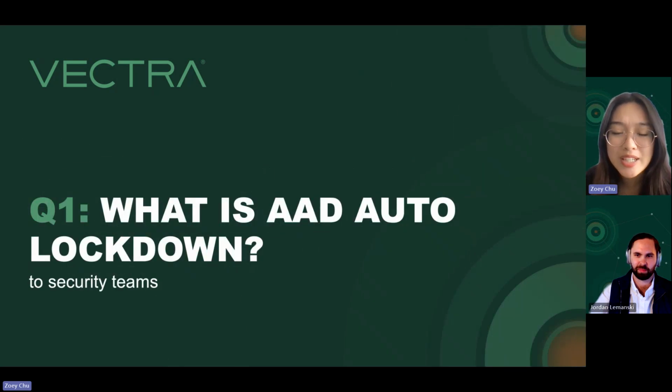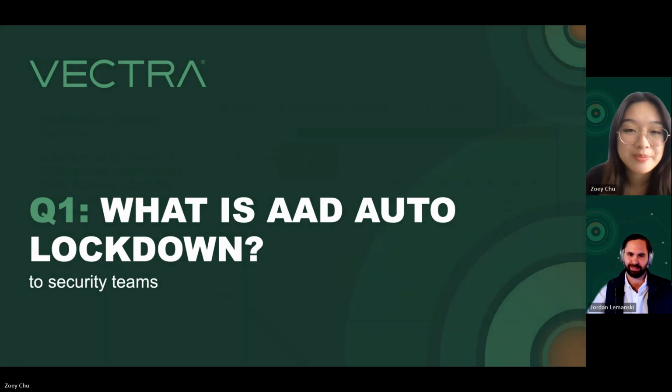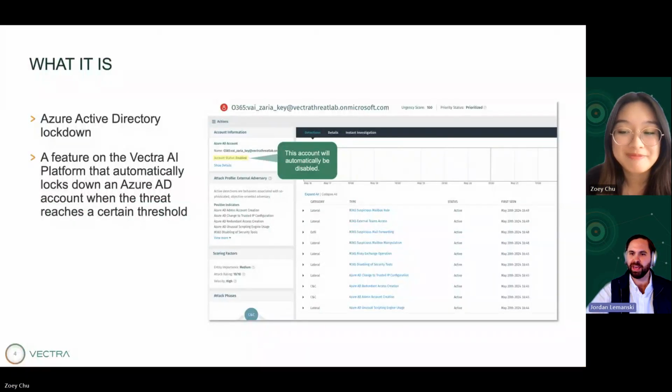Okay, Jordan, what is AAD Auto Lockdown for security teams? Great question to kick off with. Azure AD Automatic Lockdown, which is now known as Microsoft Entra ID, empowers users with a proactive defense mechanism against potential Azure AD and M365 threats.